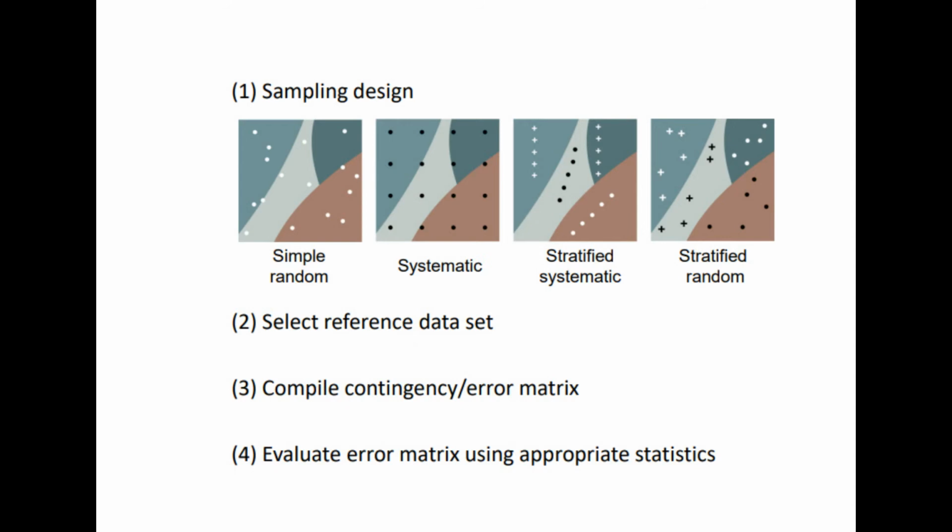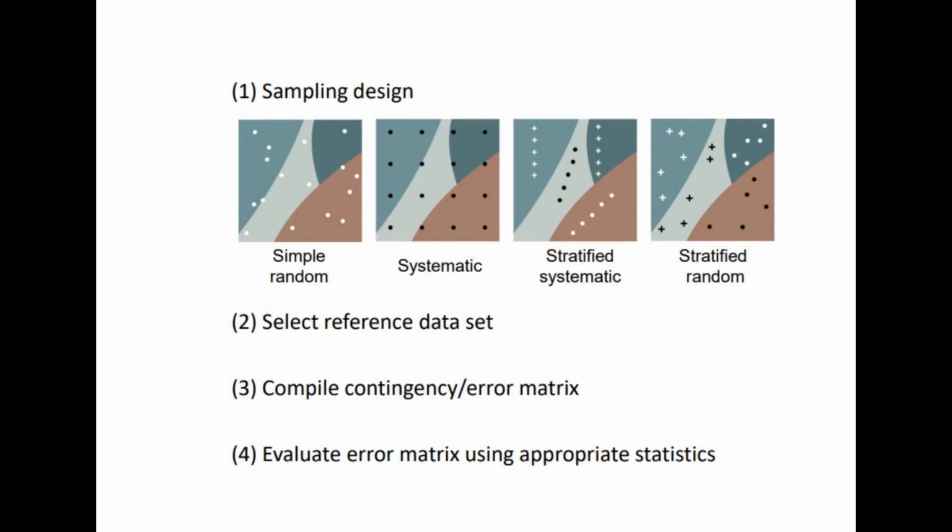Well, the second stage is to select the reference dataset, by which I mean the reference dataset can either be aerial photos, public knowledge, or field sampling, or it can also be the supervised classification method that I talked about in the previous video before the ENVI videos.